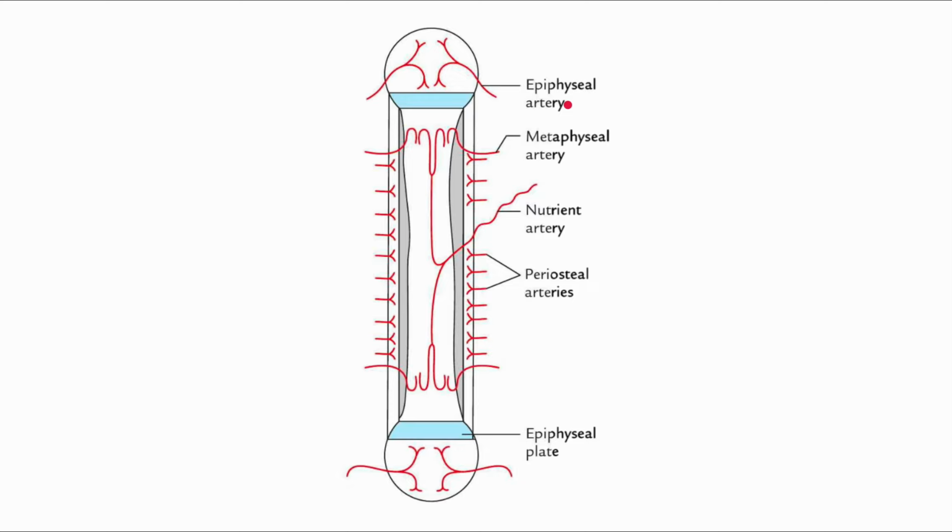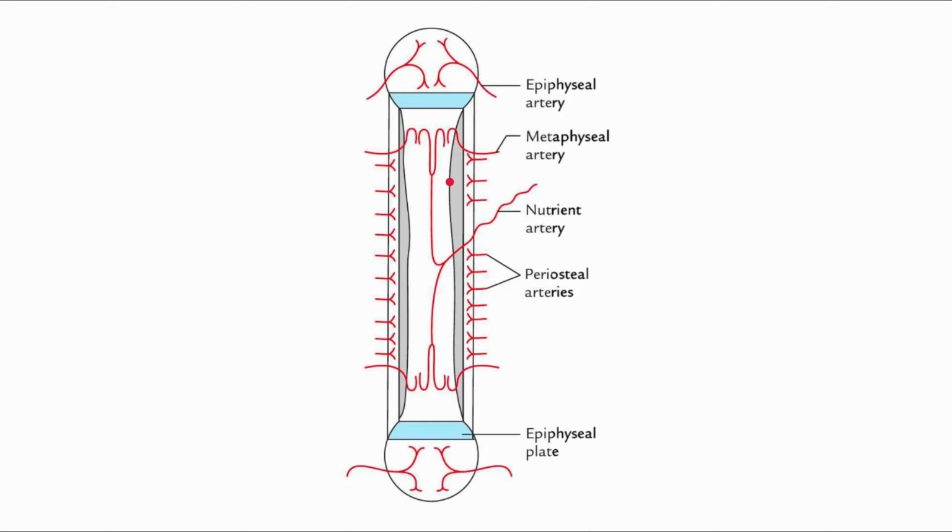Those will be the epiphyseal arteries, metaphyseal arteries and periosteal arteries. Because of these points, we can clearly understand this region of the metaphysis is the most vascular zone of the long bone.